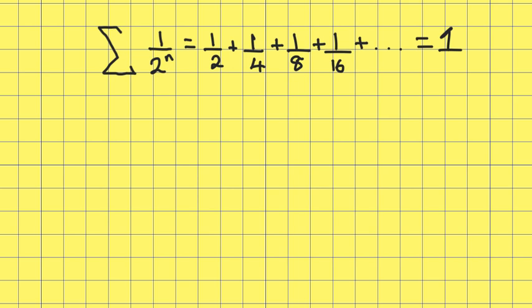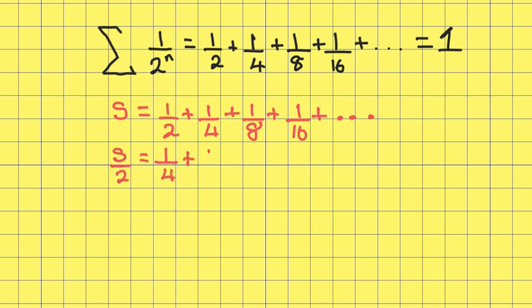Let's call the sum s, so we get s is equal to a half plus a quarter plus an eighth plus a 16th plus all the way to infinity. Now I'm going to divide the sum by 2. So I get s over 2 is equal to a quarter plus an eighth plus a 16th plus 1 over 32 plus all the way to infinity.